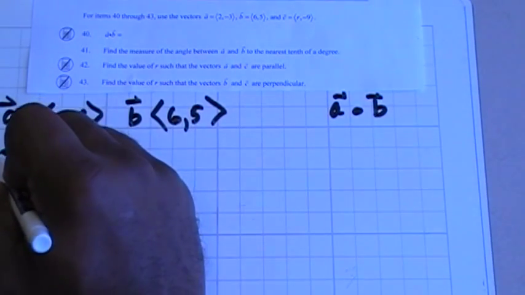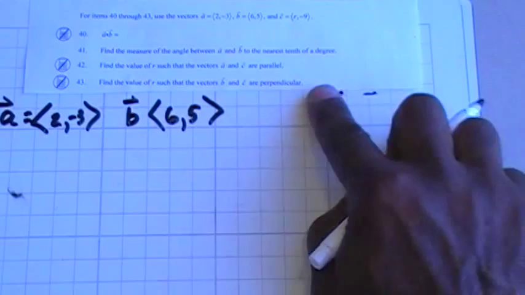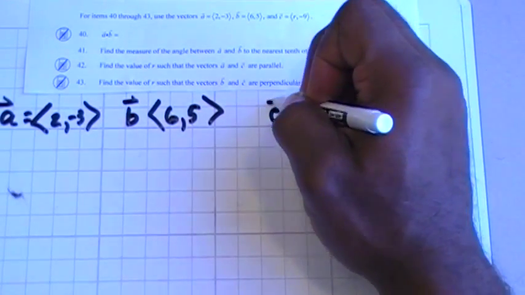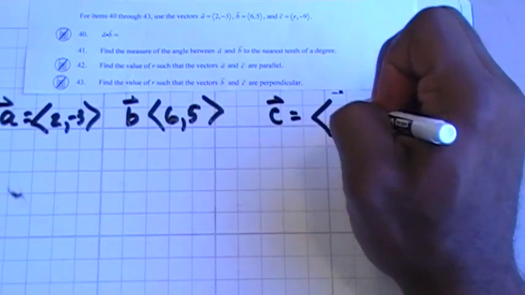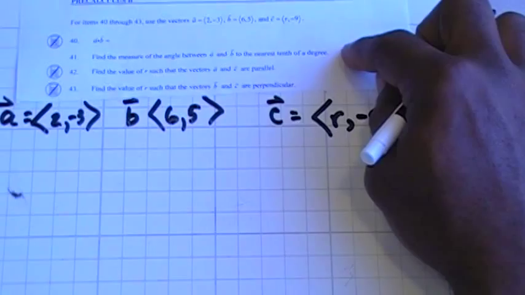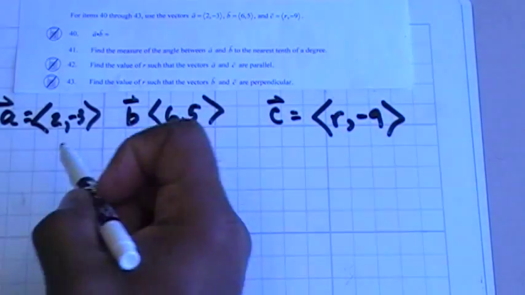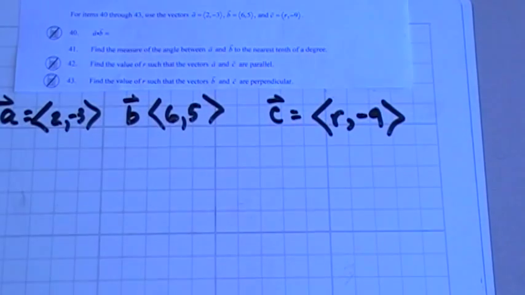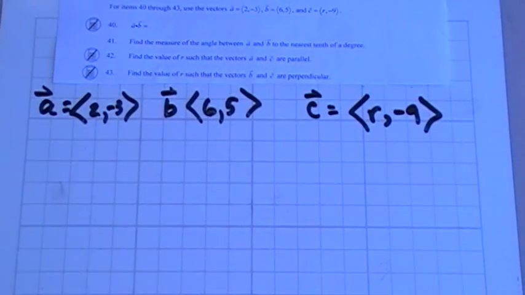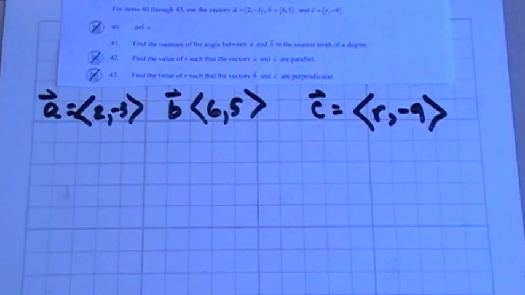Vector C is (r, negative 9). All right. Now, dot product, we're just multiplying our x coordinate components, multiplying our y components and adding it together.